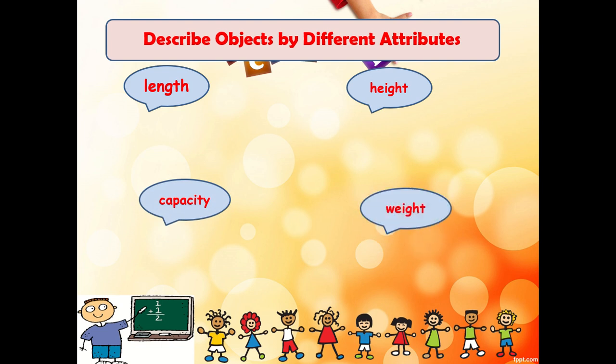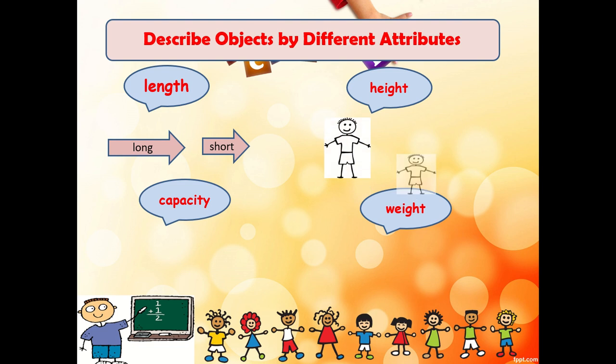When we say length, it means we will describe an object if it is long or short, or if an object is longer or shorter than the other. When we say height, it means how tall or short a person or an object is.